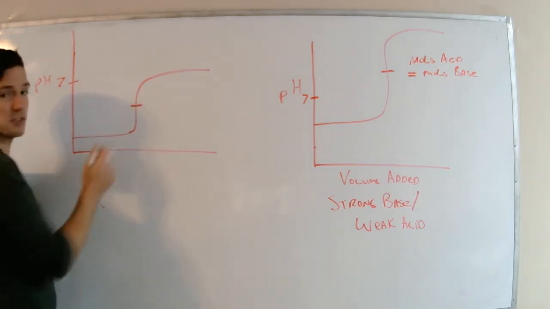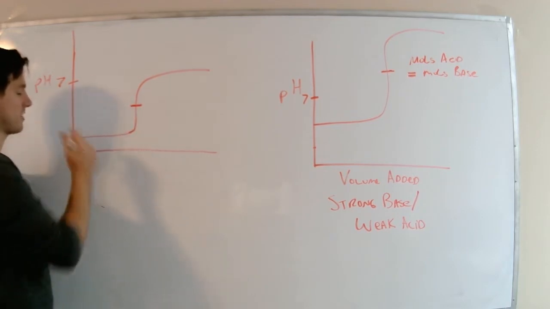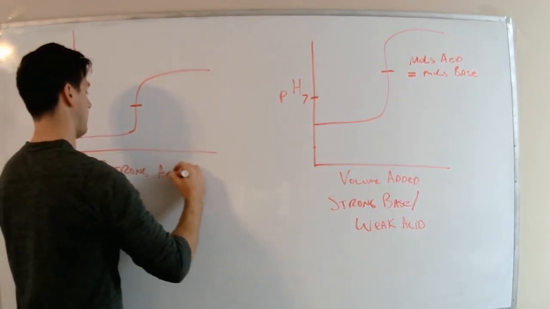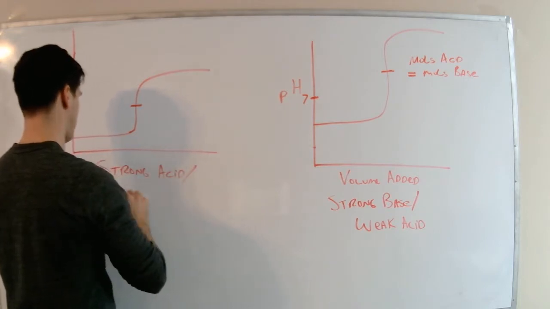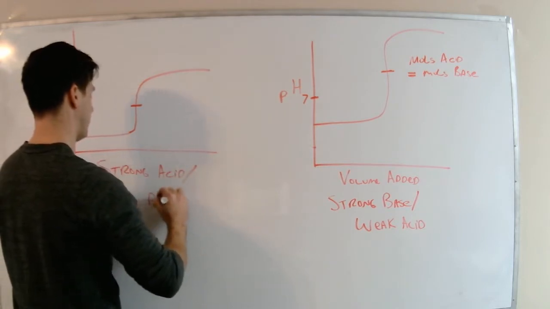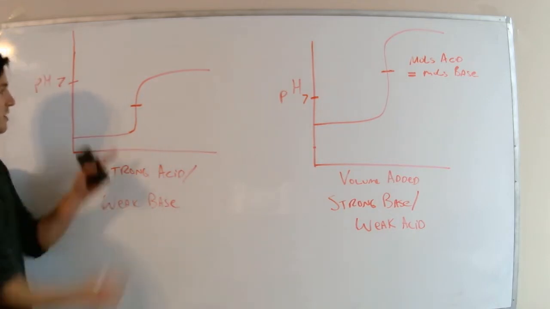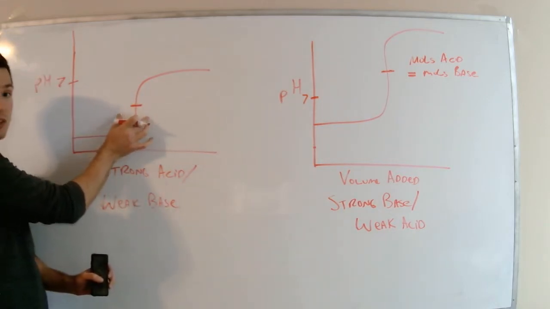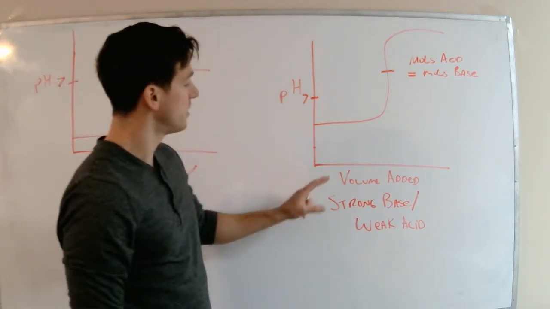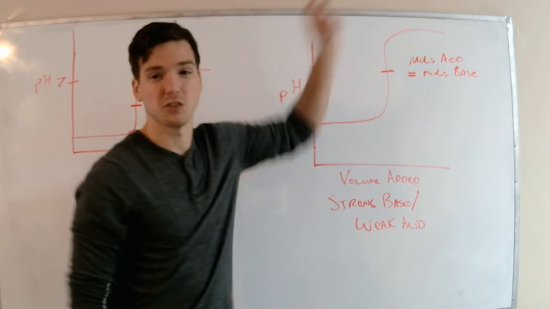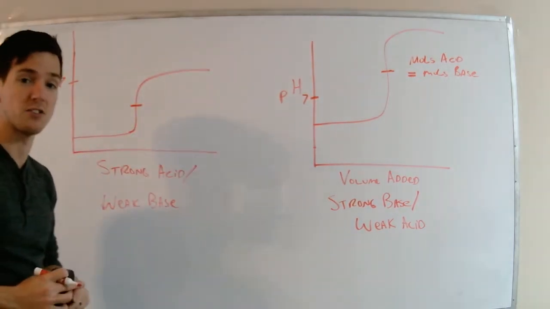At the equivalence point, the pH is less than 7, so we could say that this was a strong acid, weak base titration. Alright, so strong acid, weak base titration, the equivalence point is below pH 7. We have a strong base, weak acid titration when the equivalence point is above pH 7.